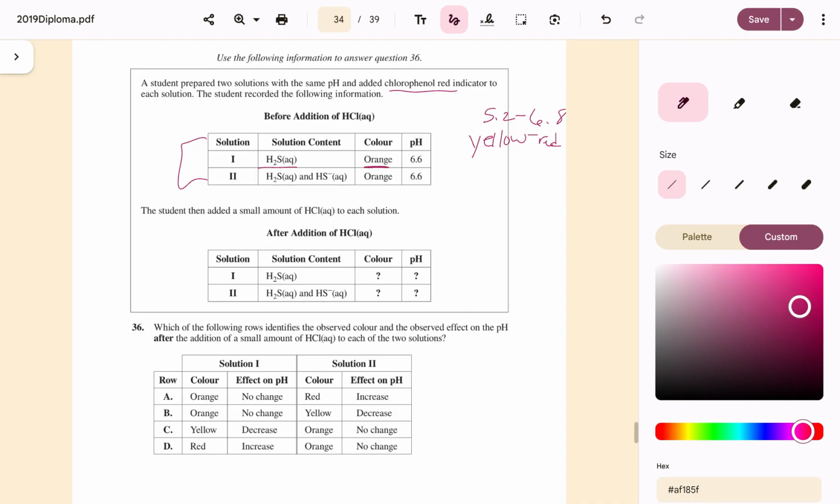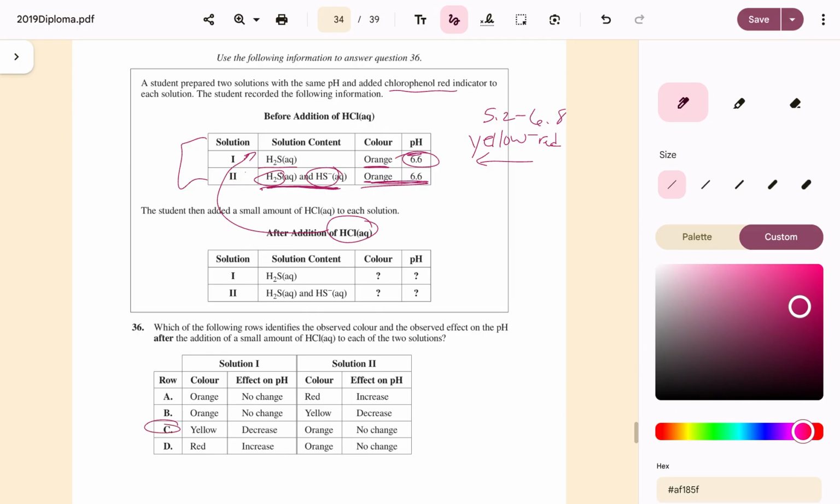And then the second one is a buffer system. That's what we want to recognize, because you have an acid and a base with a difference of one hydrogen, and we have the same starting information. Now, if you had these two and you add in more acid, how would it change? For the first one, if you add in more acid, just because it's not a buffer system, it would have a lower pH, so it would go lower and your color would become more yellow.